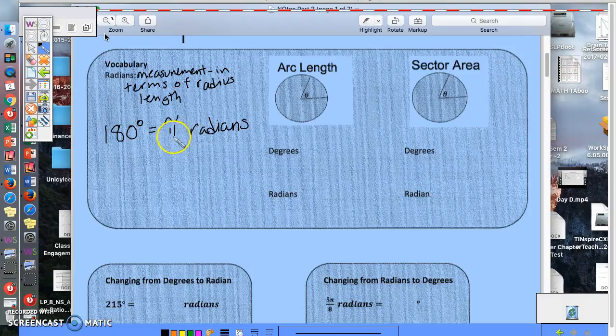So if we want to know exactly what 1 radian is, 180 over pi equals 1 radian. If we divide that out as a decimal, approximately 57.3 degrees is equal to 1 radian.